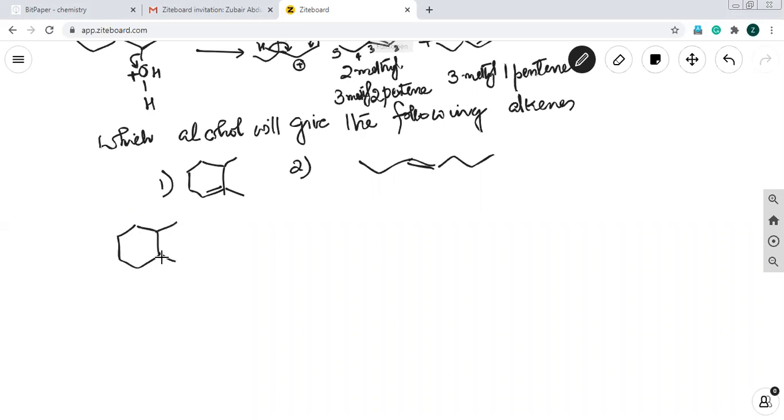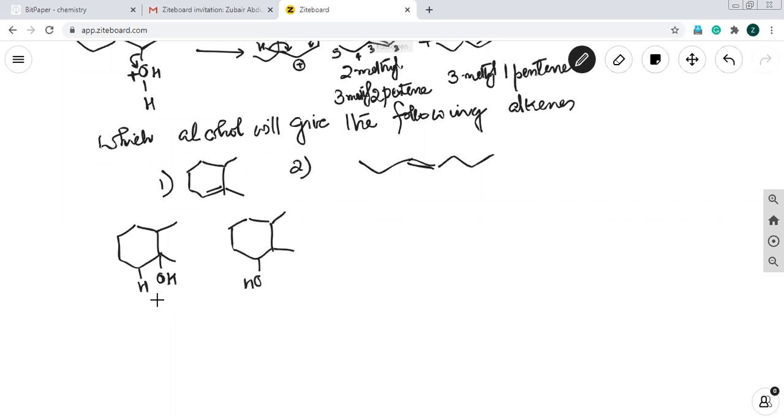You can add the H2O on this side or this side, or you can add H2O here and here. H on this side. Now remember, we are interested only in this product. No other product. That is the most important thing.